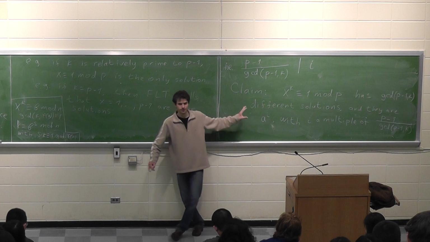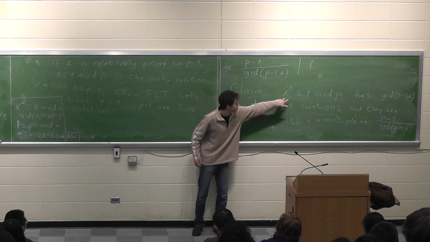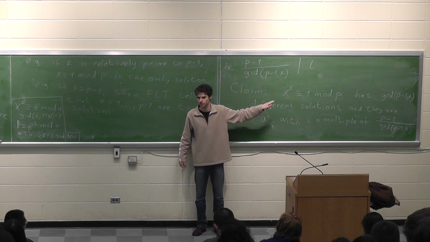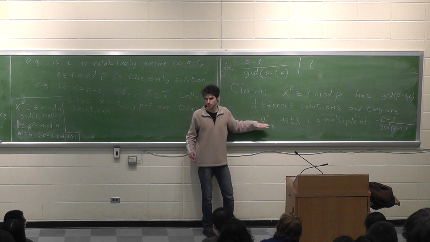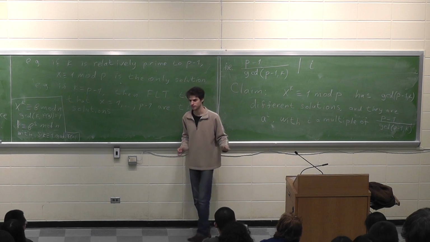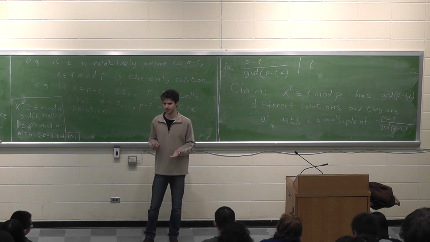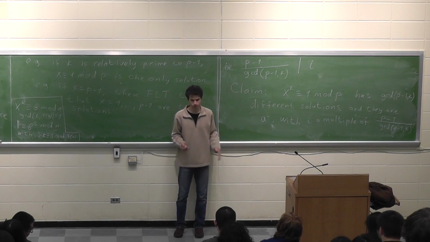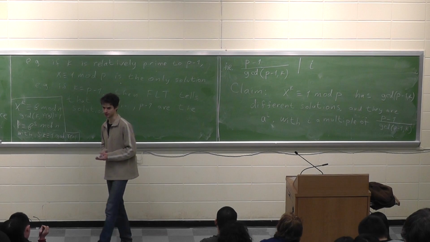Here we don't have a result which is as good. We don't really have a formula for the solutions of this equation. And in our formula, the answer depends on the choice of primitive element. And you know a primitive element is actually hard to find. If you take a large number p, you might have to work quite a bit to actually find a primitive element.